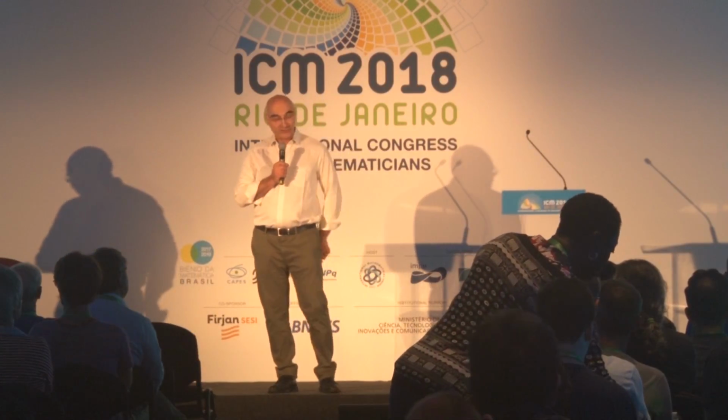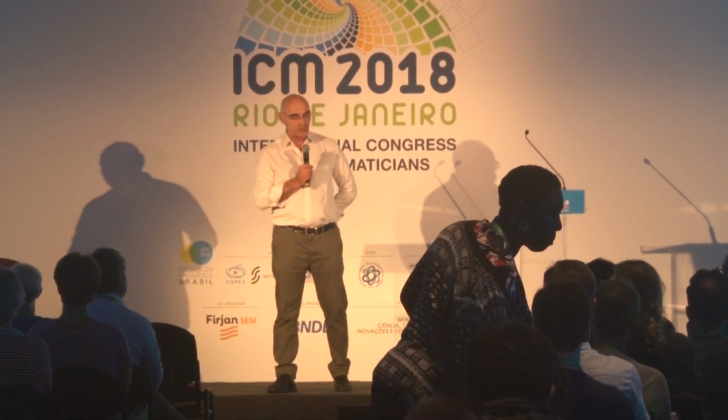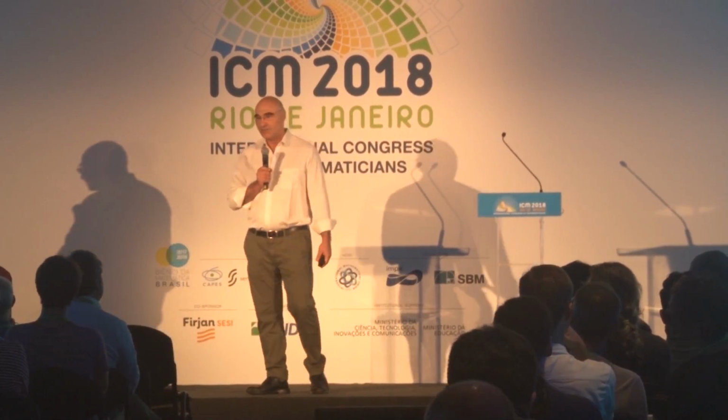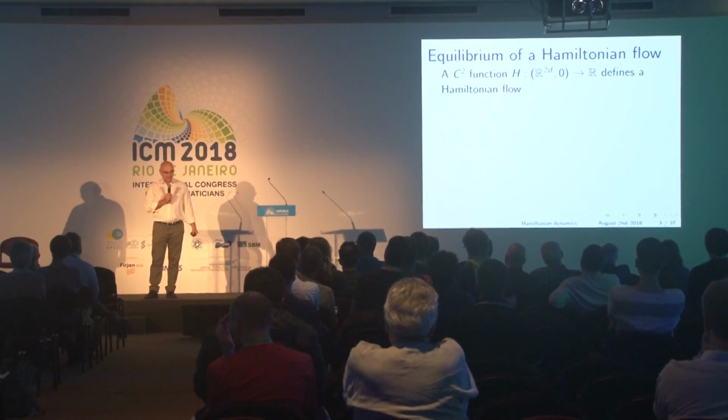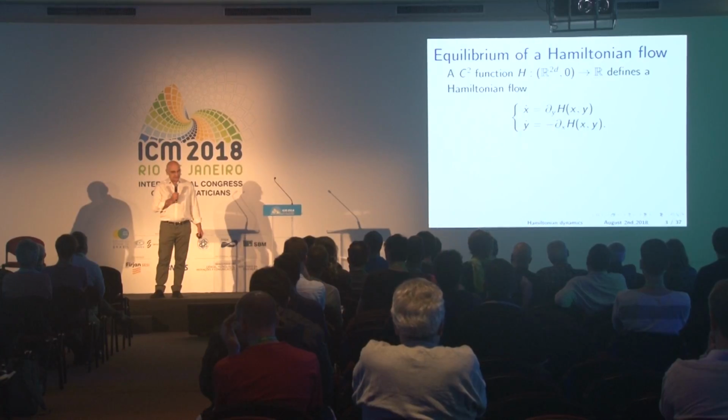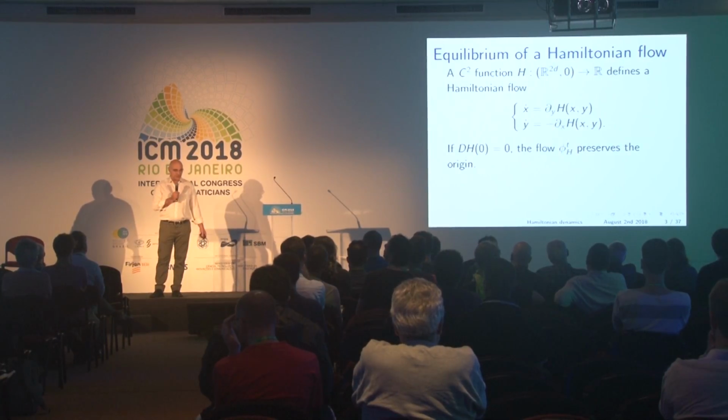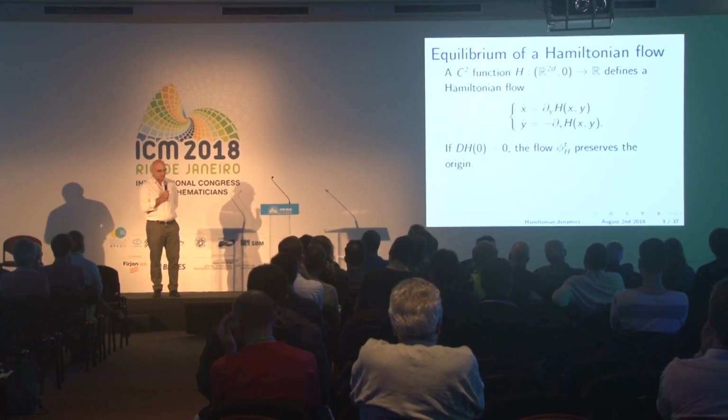Okay, so first we're going to start with the notion of equilibrium of a Hamiltonian flow. Let's take a C² function H from R^{2d} to R, and we assume that H(0) = 0 and the derivative of H at 0 is equal to 0.